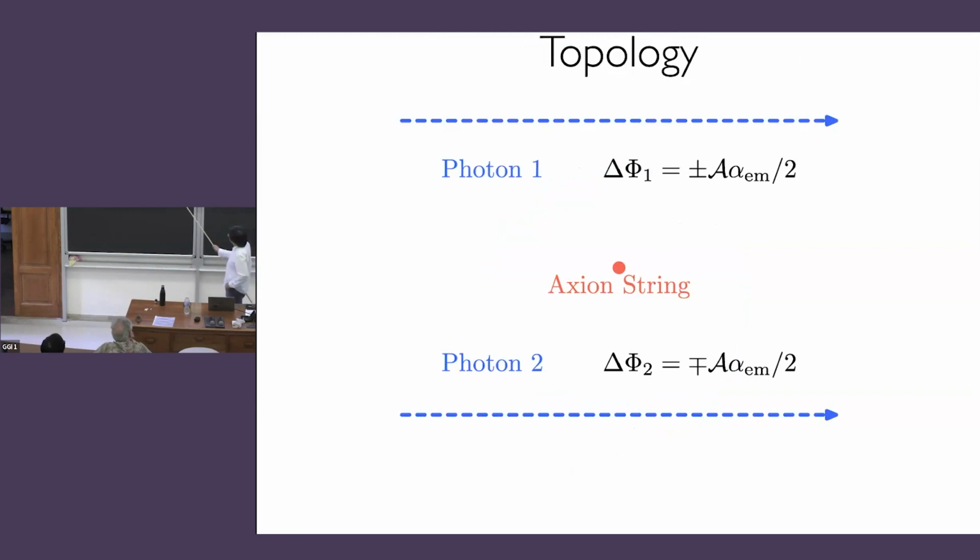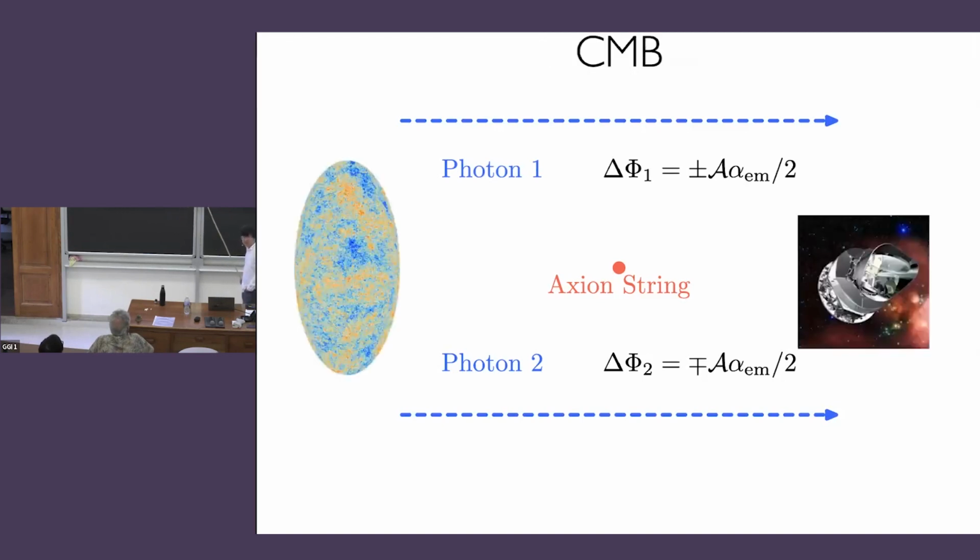However, if you take this path minus that path, you form a circle, and every circle gives you A alpha, which means that each delta phi is A alpha over 2, just with different signs for the two paths. This is already very realistic because this is exactly what happens in the CMB. In the CMB, you have photons coming from very far away at the time of last scattering, going through the axion string network and entering your detector.